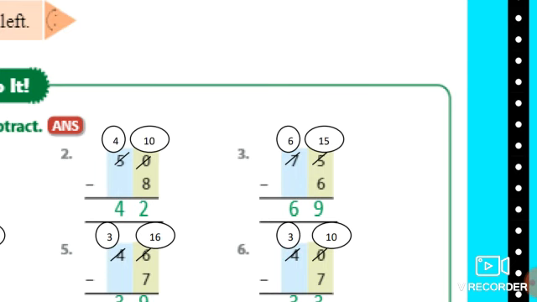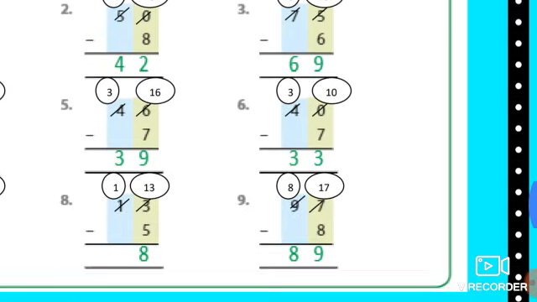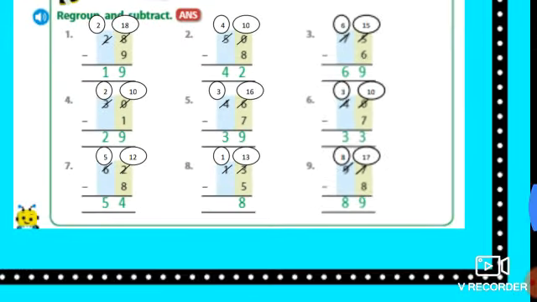You will write it up in circles. You will put a small circle and write it up, students. It is compulsory that you write. So now 10 minus 8 is 2 and 4 will come as it is. So 42 is the difference. It is the answer. Rest all parts you will do yourself, students.